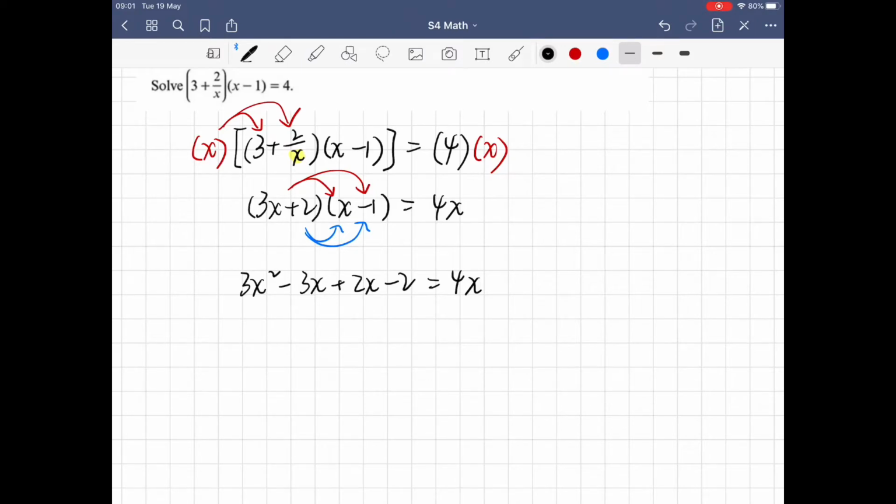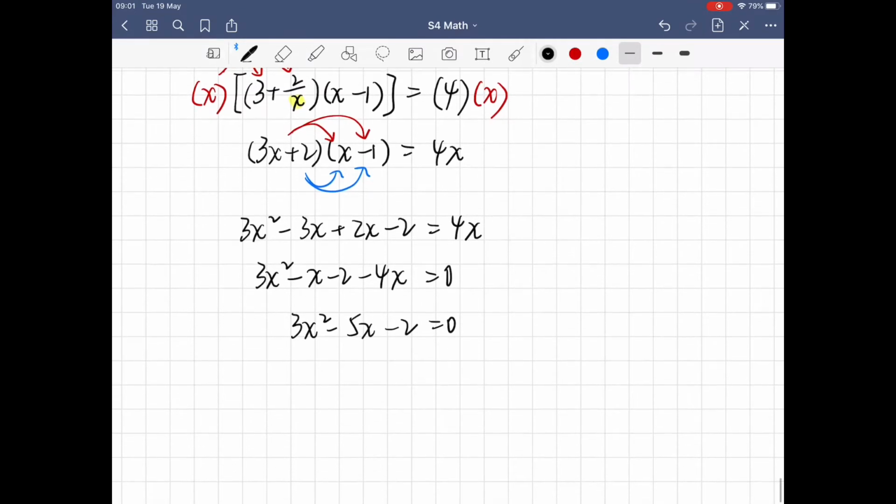And then we can form the quadratic equation by putting the 4x back to the left-hand side. And finally, we have 3x squared minus 5x minus 2 equals 0.